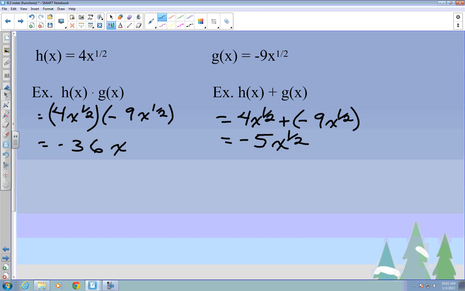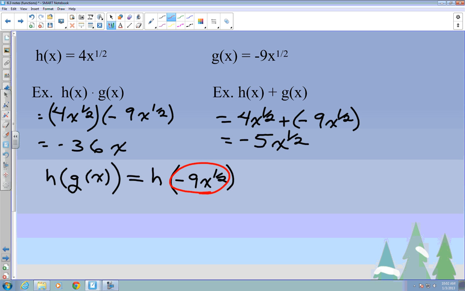So let's look at that composite thing we did with the other one. H of g of x. Well, that would be h of negative 9x to the 1/2. Remember, this is going to replace just the x.